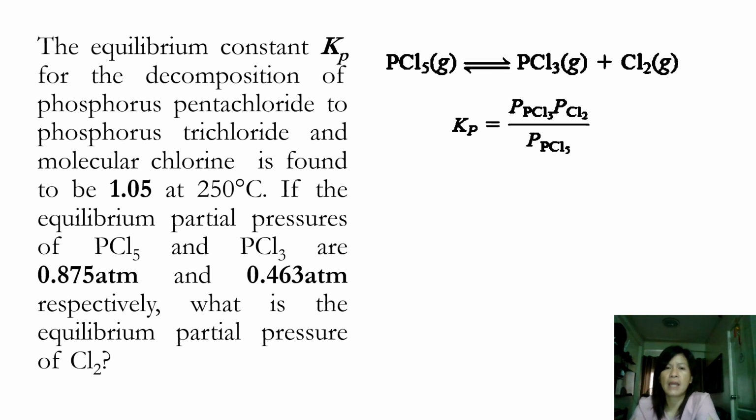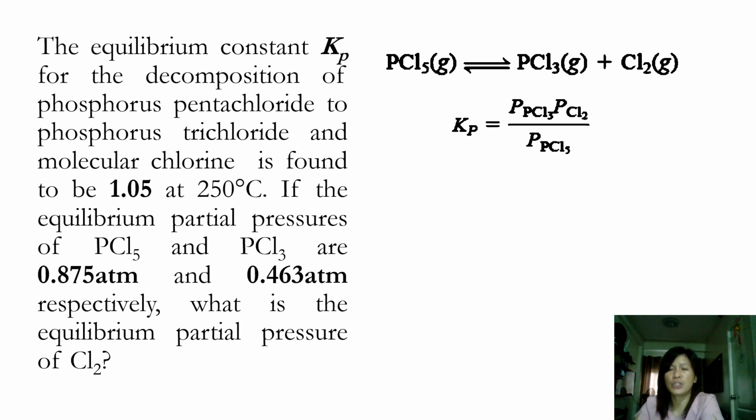So we first write the expression for the equilibrium constant for the reaction. That will be K sub P equals the equilibrium partial pressures of the products PCl3 and Cl2 multiplied. Since the substances are all gaseous, we replace the concentrations with partial pressures.